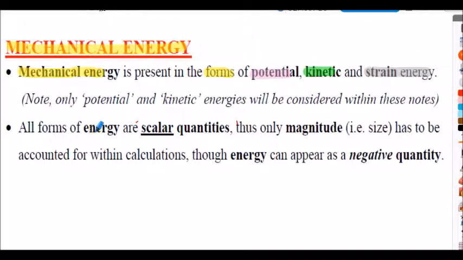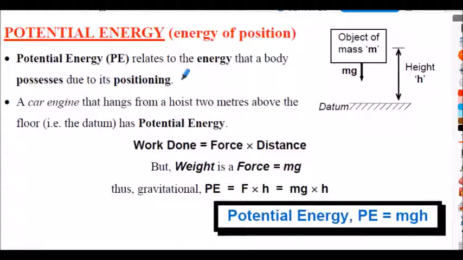All forms of energy are scalar quantities, so they have a magnitude, that's a size, but no direction. But as outlined in exercise 3 previously, the magnitude can be a negative value, so work can be a negative quantity. Let's consider our two forms of energy for this presentation.